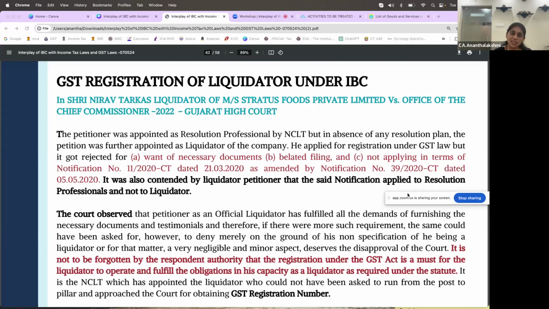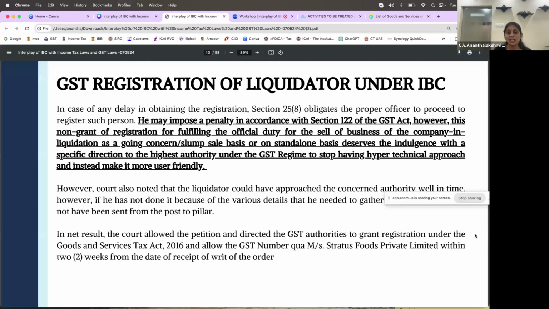If the registration number is not given, he can't do his duty. So that was the court's order. They said we can't make the liquidator run from pillar to post to obtain this registration. This is the case of yours, sir. You said the same thing. We have no other go. Just apply for a writ with the High Court and obtain the order in your favor, sir.